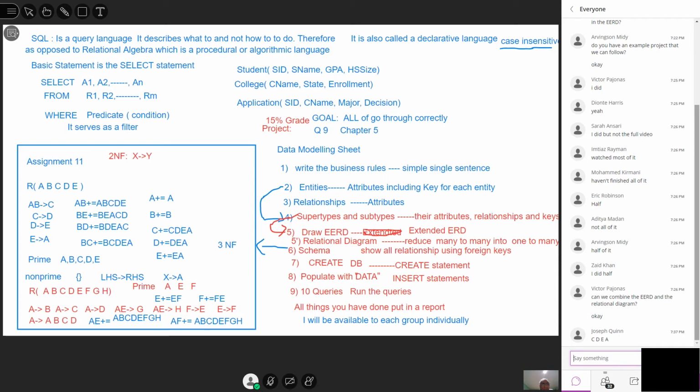A is part of a key, and B must be non-prime. So now what do we have? A non-prime is dependent on part of a key. Therefore, it's not in second normal form.